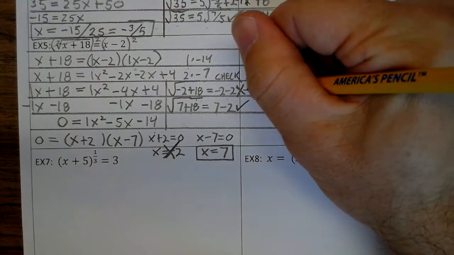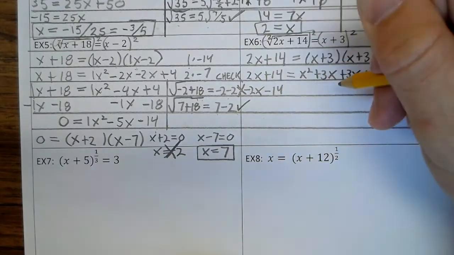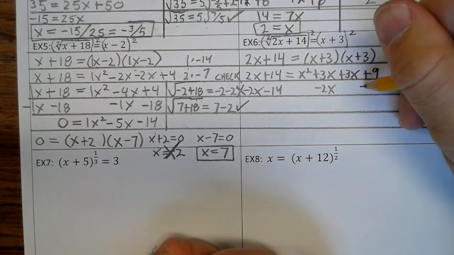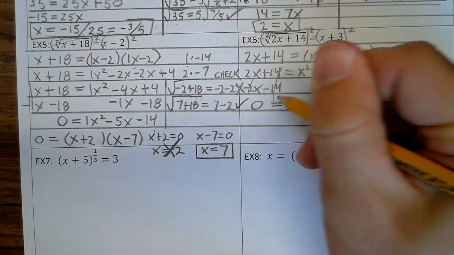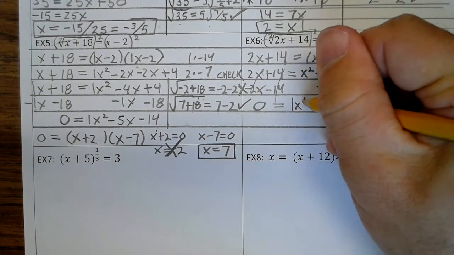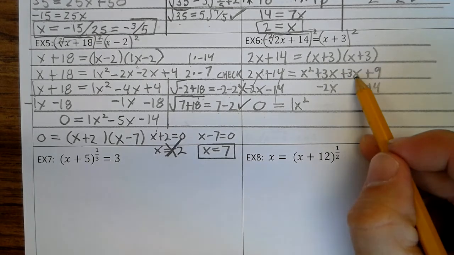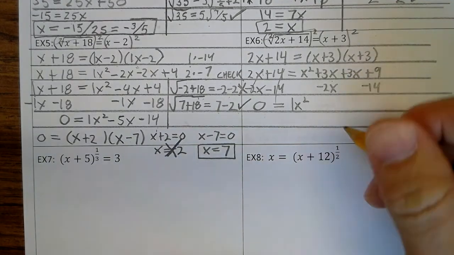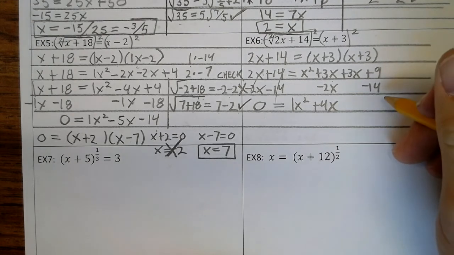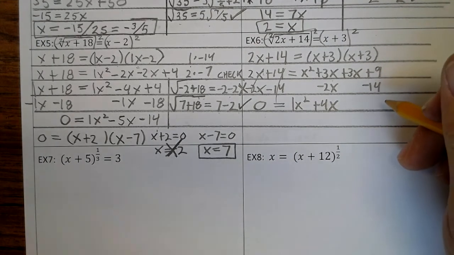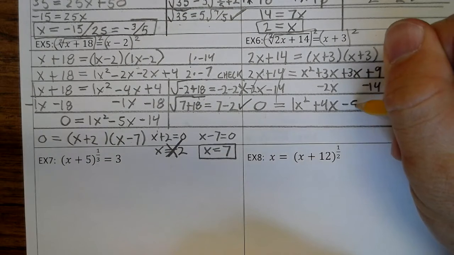Now we need to subtract 2x from both sides and 14 from both sides. Those cancel. You're left with 0 equals 1x squared. 3x plus 3x is 6x. Minus 2x is 4x. And then 9 minus 14 is negative 5.